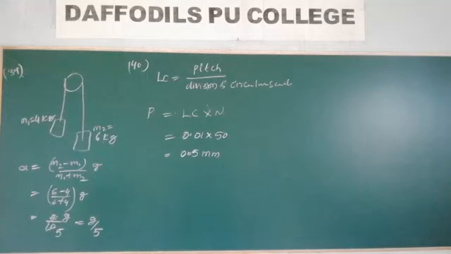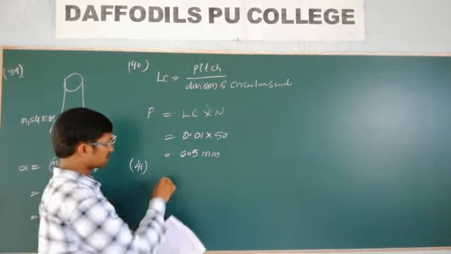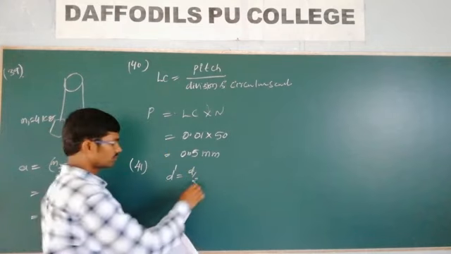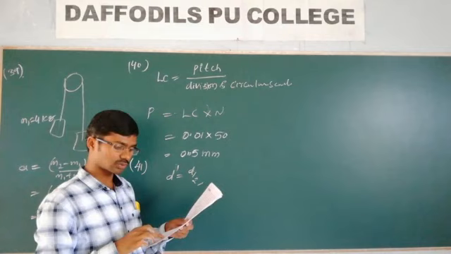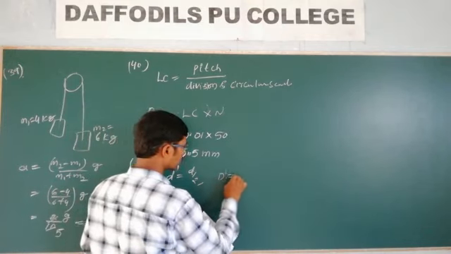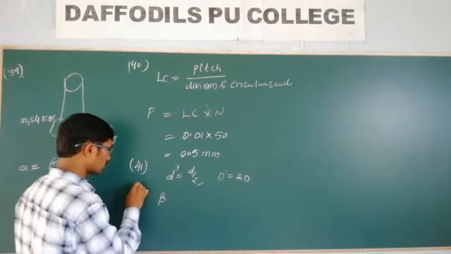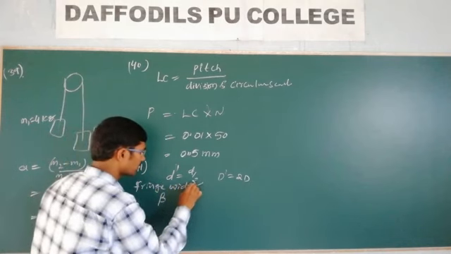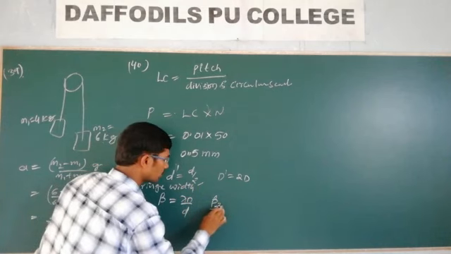Let us go for the first one. In Young's double slit experiment, the separation between the coherent sources is doubled and the distance of the screen from the coherent sources is doubled. Then you need to find the fringe width. The separation between the sources is doubled, so d dash is 2d, whereas the distance of the screen from the coherent sources is doubled, so D dash is 2D. Now what is the fringe width?